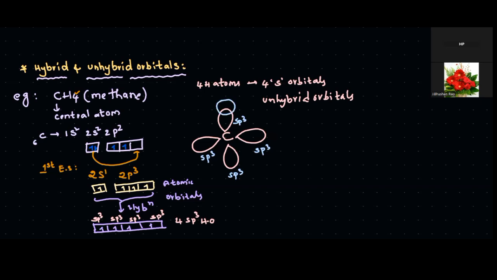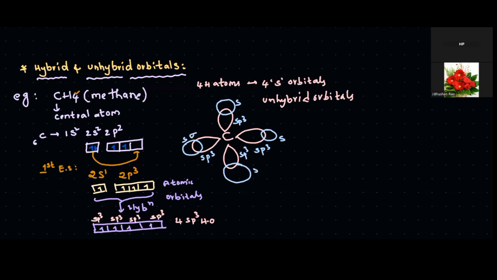Now, how many sigma bonds are formed? 1, 2, 3, 4.